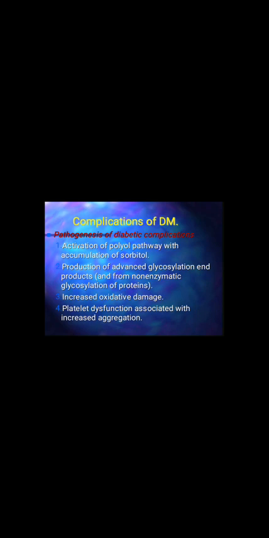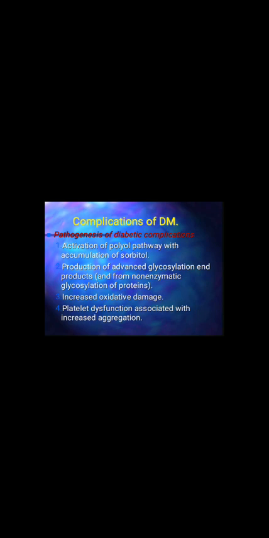Secondly, there is production of advanced glycosylation end products, and that can lead to atherosclerosis of the small vessels, and that can predispose someone to gangrene of the lower extremities. Thirdly, there is increased oxidative damage. Then fourth, there is platelet dysfunction associated with increased aggregation.